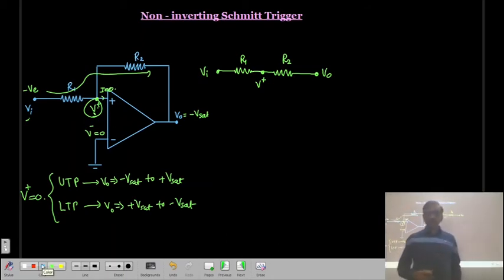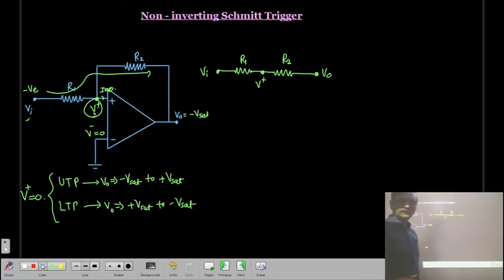When you want to write the V plus, you have to consider one of the input voltages connected to ground. Let us say the input voltage VO is connected to ground, and then you calculate the VF.